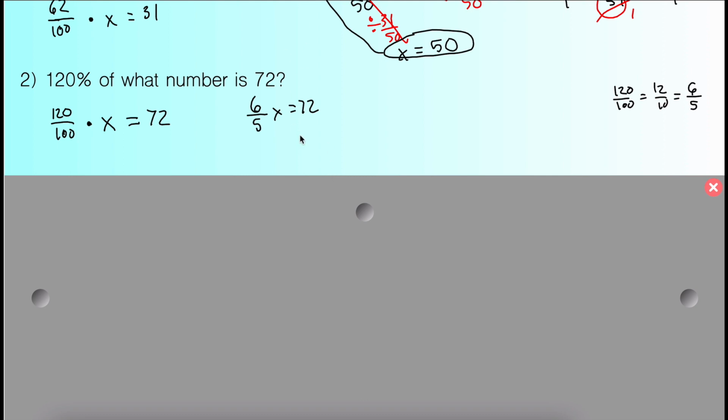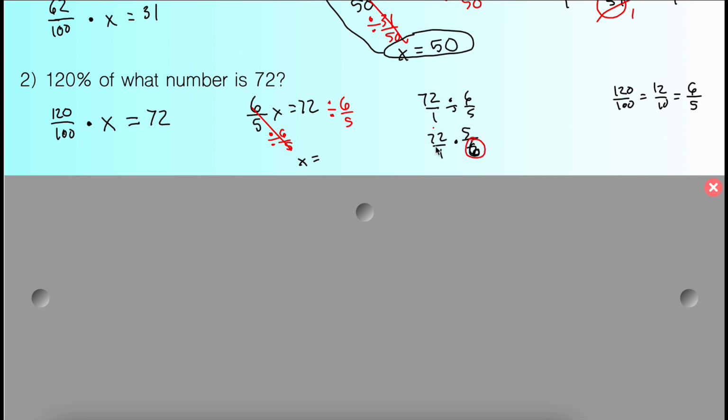I'm going to, as my one step for this, divide by 6/5. Whatever you do to this side, you do to this side. And my final answer, 72 divided by 6/5, is the same as 72 times 5 over 6. And you can cross-simplify if you want.